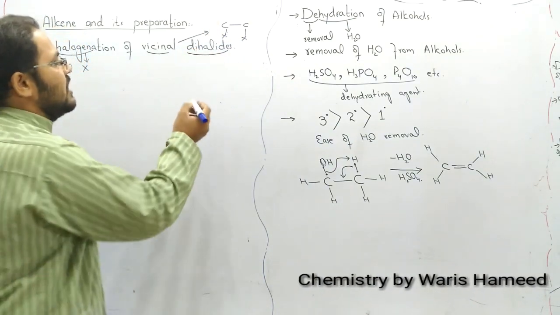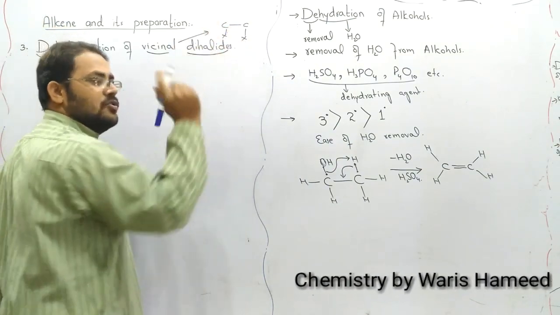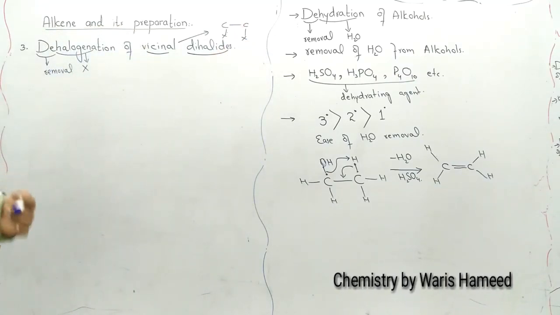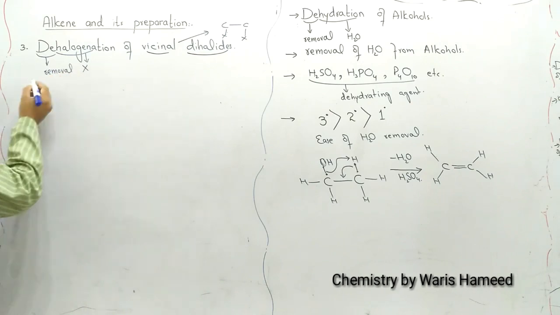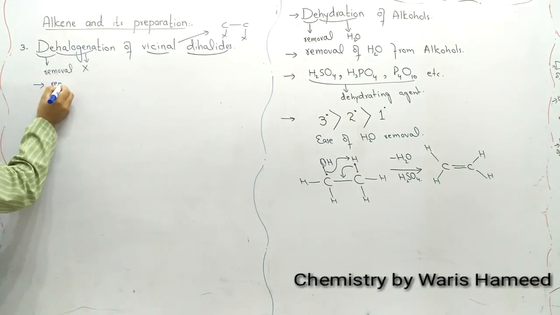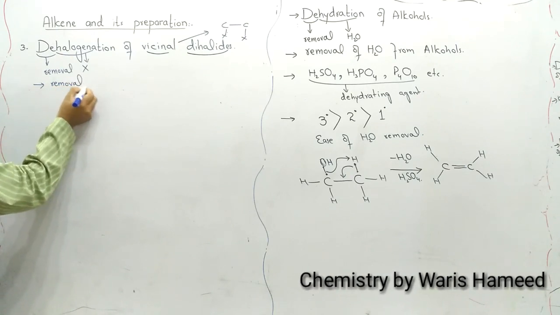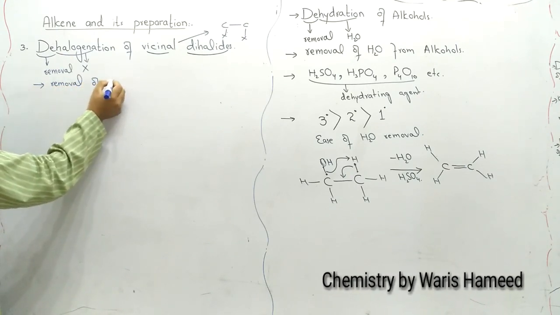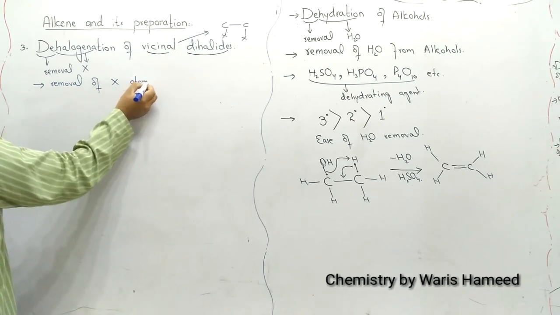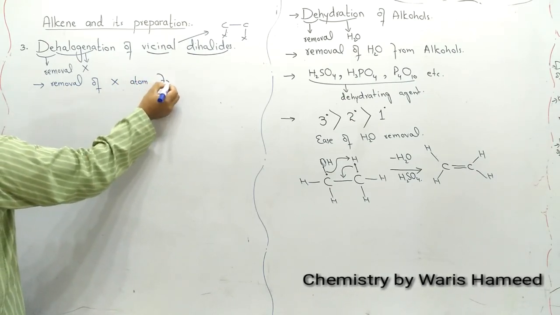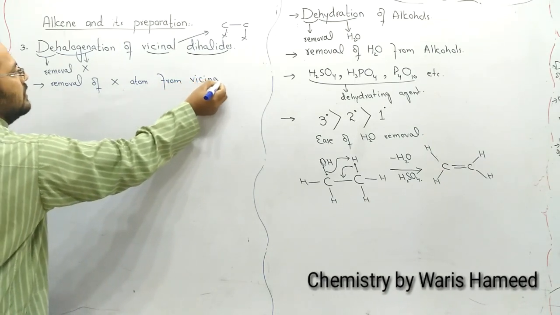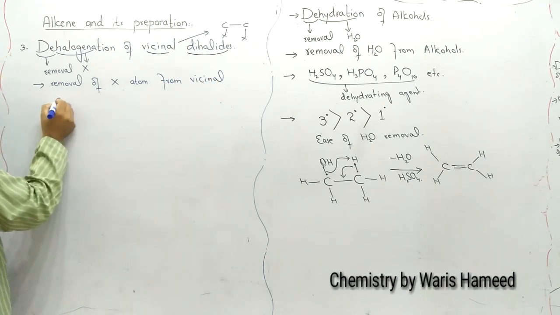But in geminal, both halogens attach to one carbon atom. We can define it as the removal of halogen atoms from vicinal dihalides.